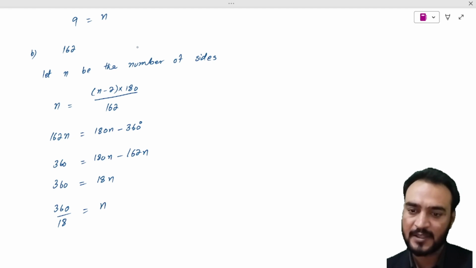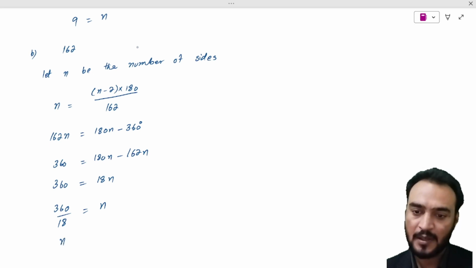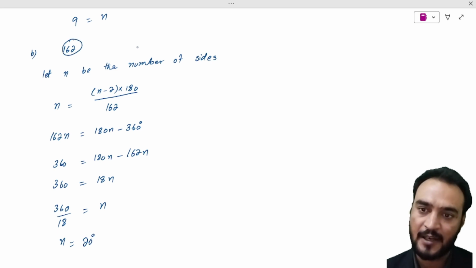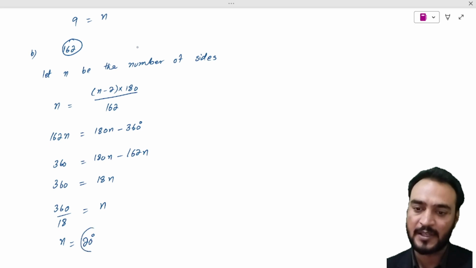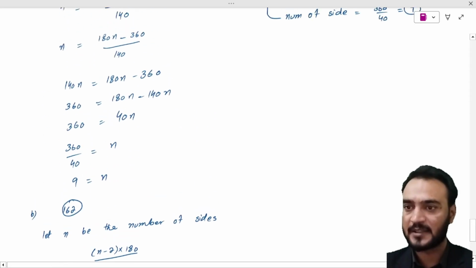After dividing 360 by 18, we get the value, that is 20. And the number of sides of the polygon with 162 as interior angle is 20, not degrees, but the number of sides is 20. Okay, this is part B.